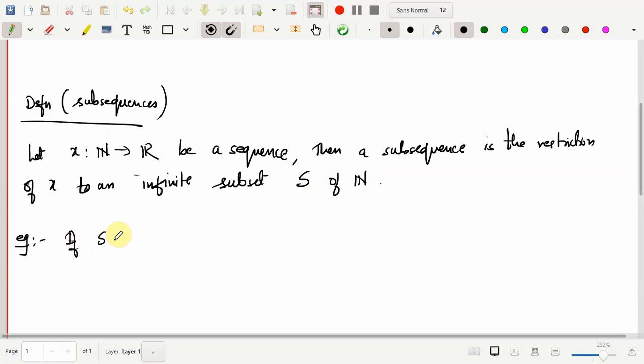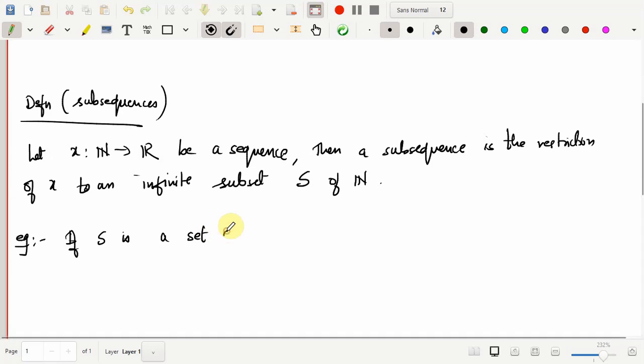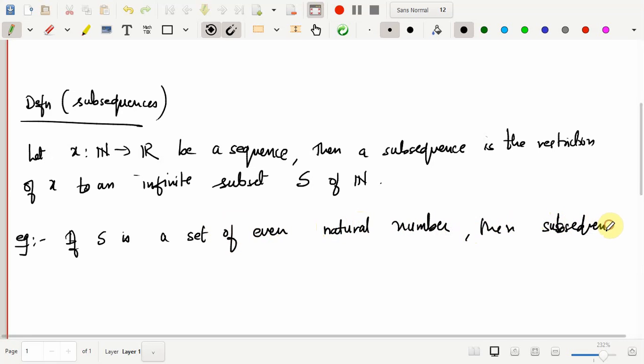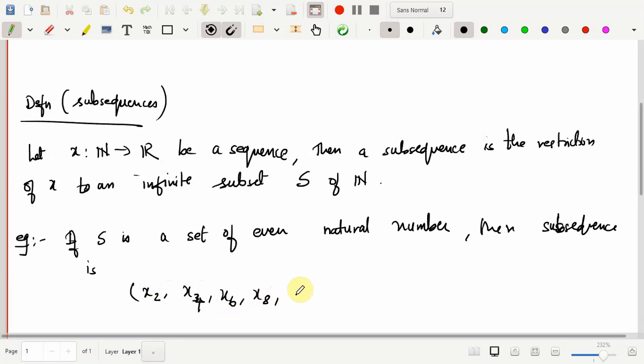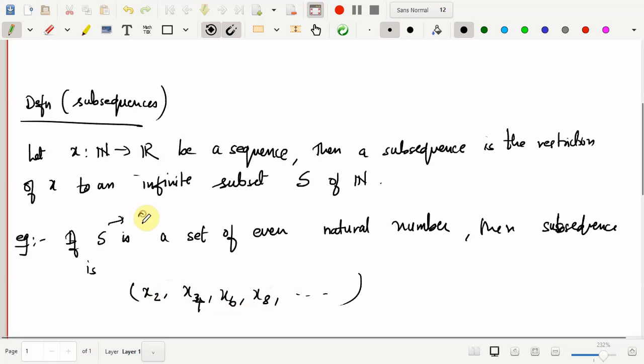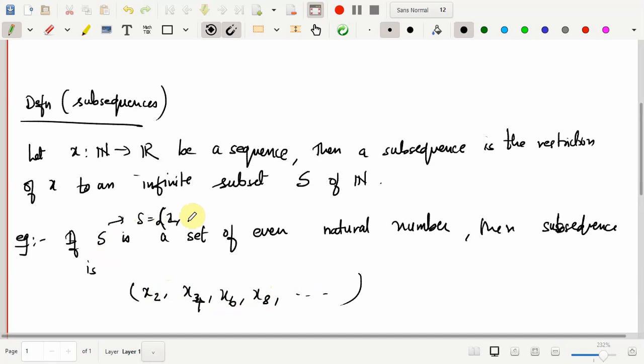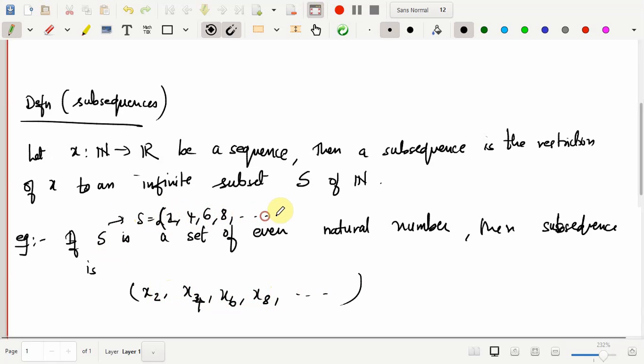So if your set S is the set of even natural numbers, then the subsequence you get, corresponding to each element of S, is: the first even natural number is 2, so the first term is x2, then x4, then x6, then x8, and this goes on, because S is the set containing the natural numbers 2, 4, 6, 8, and so on.